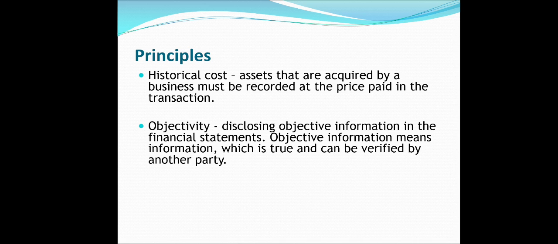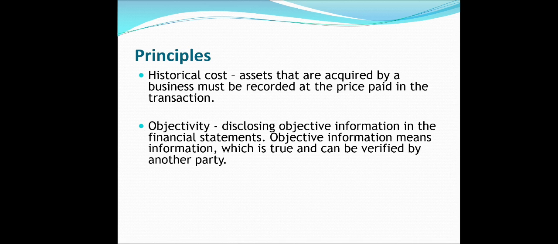So when you want to do the accounting record, you have to record the value of the building at $300,000 because you follow this principle. This principle says when you want to record an asset of a business, you have to record it at the purchase price, not at the current market value or other prices.